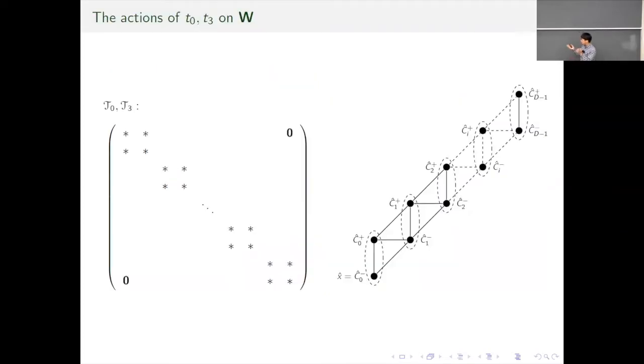Okay, we discuss further the H_q hat module on W. As we see earlier, T0 and T3 have the form of these 2x2 block matrices. How can we interpret this on W? Each of T0 and T3 acts on W vertically.